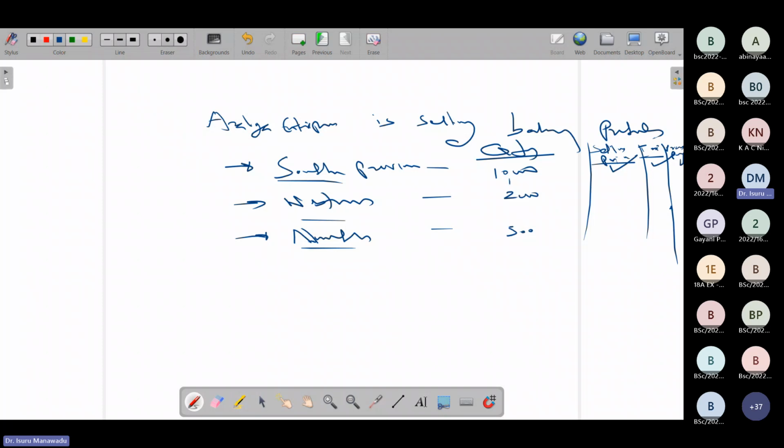In this case, what is the principal market? මම මේ කියපු උදාහරණ වලට හිතෙන්නේ මොකද්ද principal market එක? පොඩ්ඩක් හිතලා කියන්න. Southern province market.